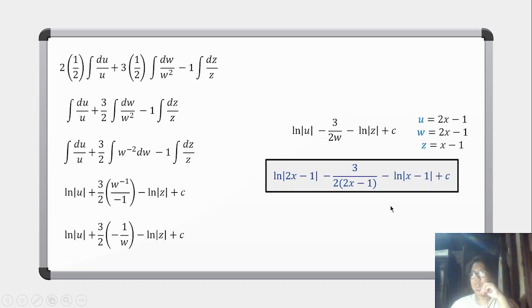So that is the answer for the integration of partial fractions with the case of repeated linear factors. So that is all for the example.